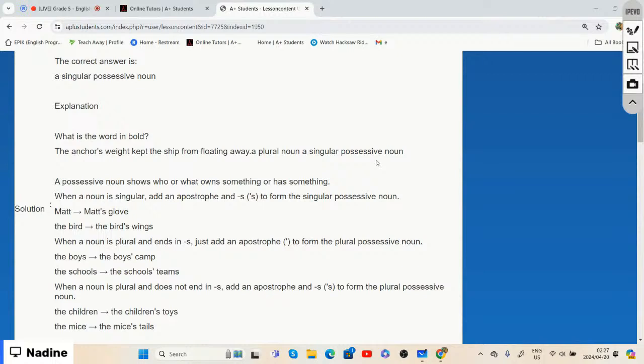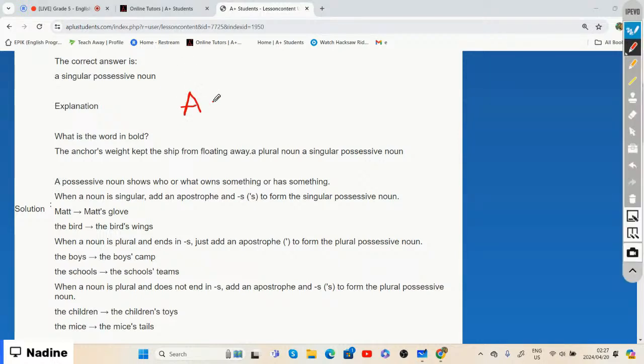So if a pen belongs to Adam, we can say it is Adam's pen, Adam apostrophe S pen, because it belongs to Adam. If the ball belongs to Ben, we say it is Ben's ball. And that is a singular possessive noun.